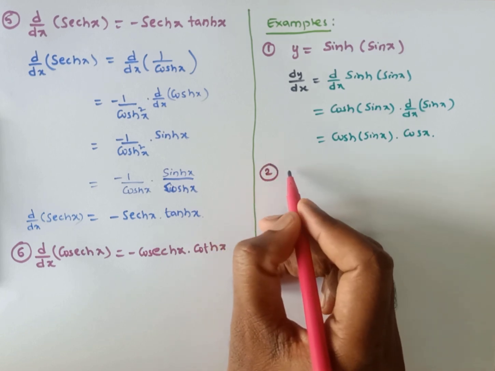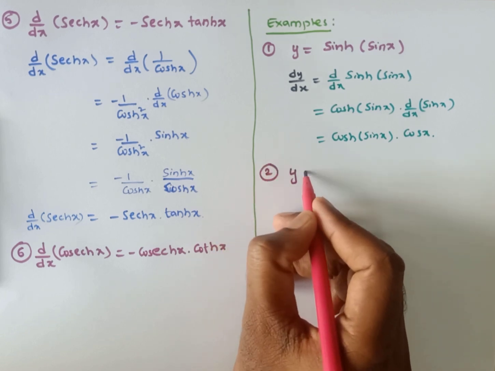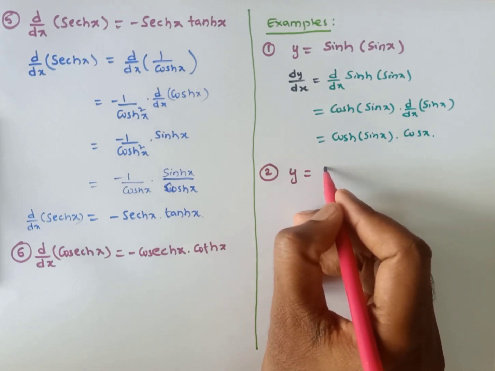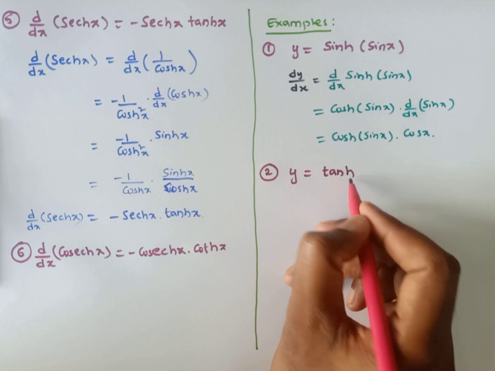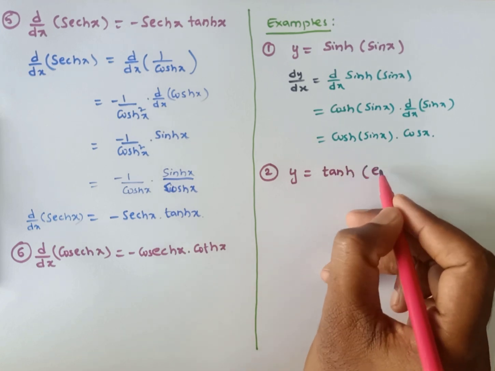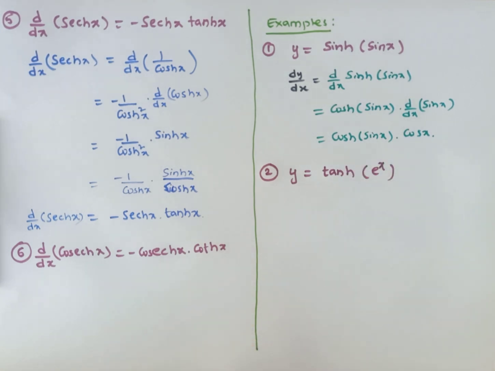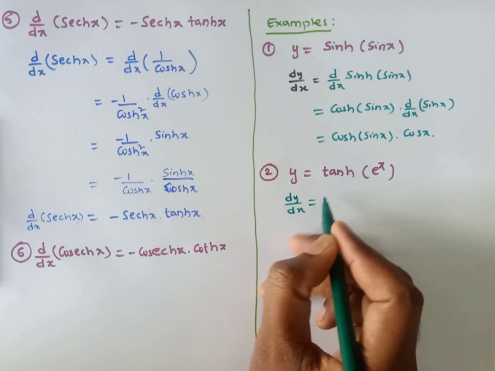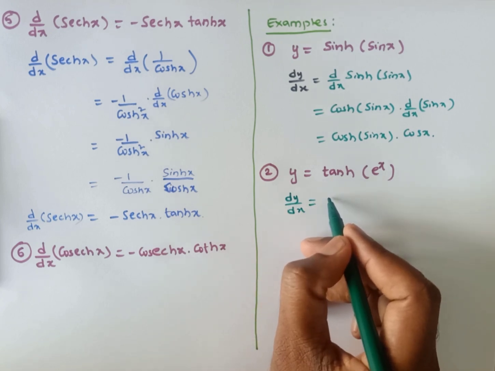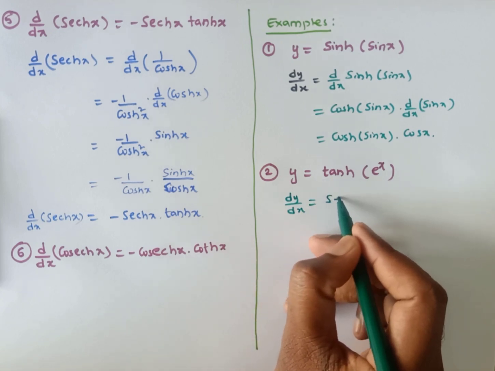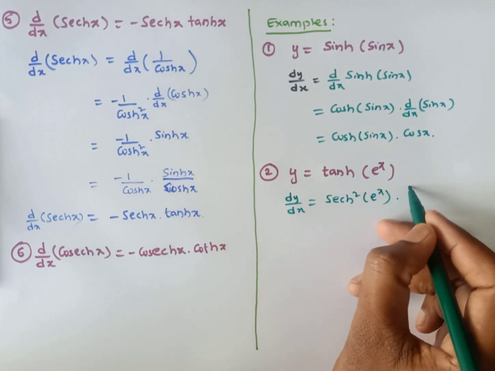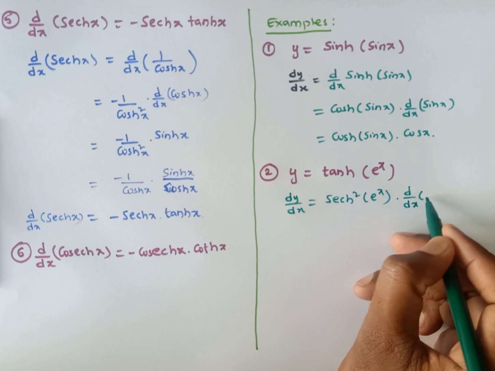Now say y is equal to tanh of e power x. Then dy by dx is the derivative of tanh, which is sech² of e power x, into the derivative of e power x.